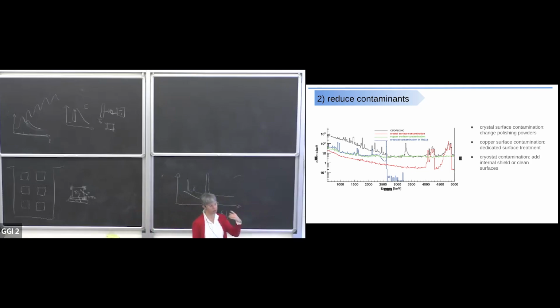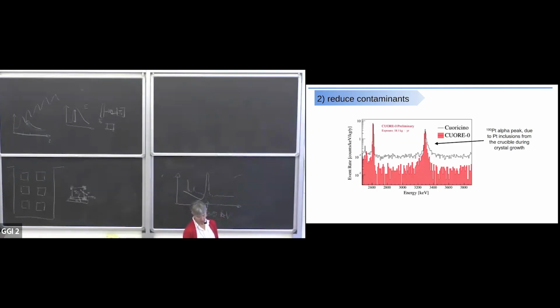We had to regrow the crystals several times, and so we accumulated these contaminants, and we have a very high peak. We made some study to understand if this peak has a tail toward the low energy region, but it likely doesn't. Okay, this is the answer to your question.